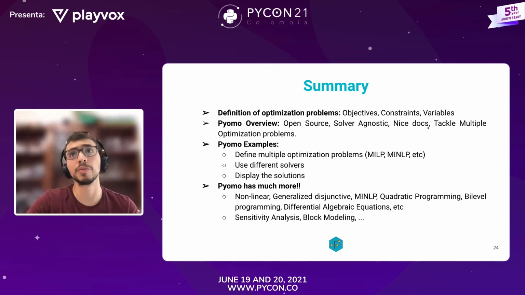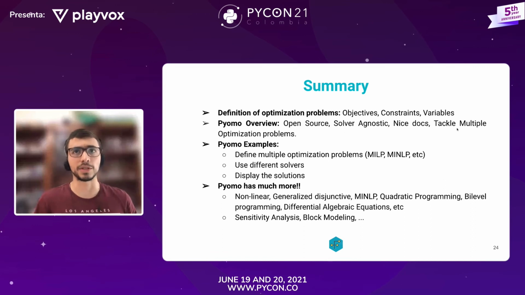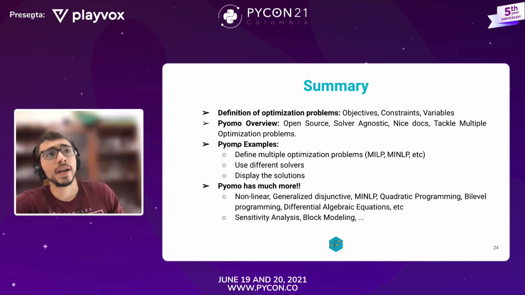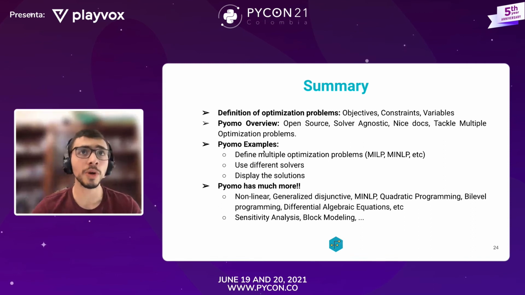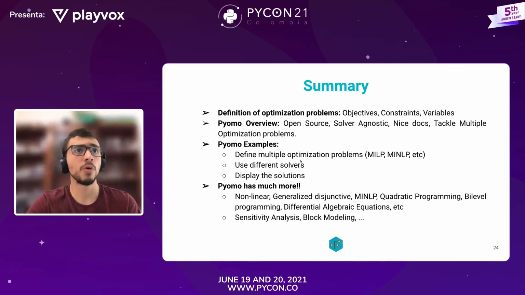It has pretty nice documentation, you can tackle multiple optimization problems, and it has many capabilities for doing different things. And what we have done is go through 2 examples. We define 2 optimization problems, we use different solvers, and we display the solutions, and we can show our decision variables and how they behave.